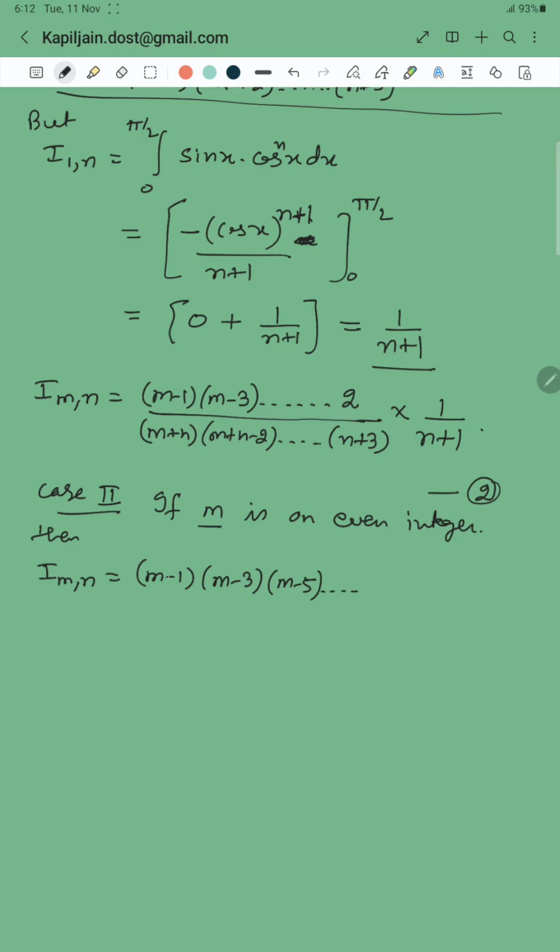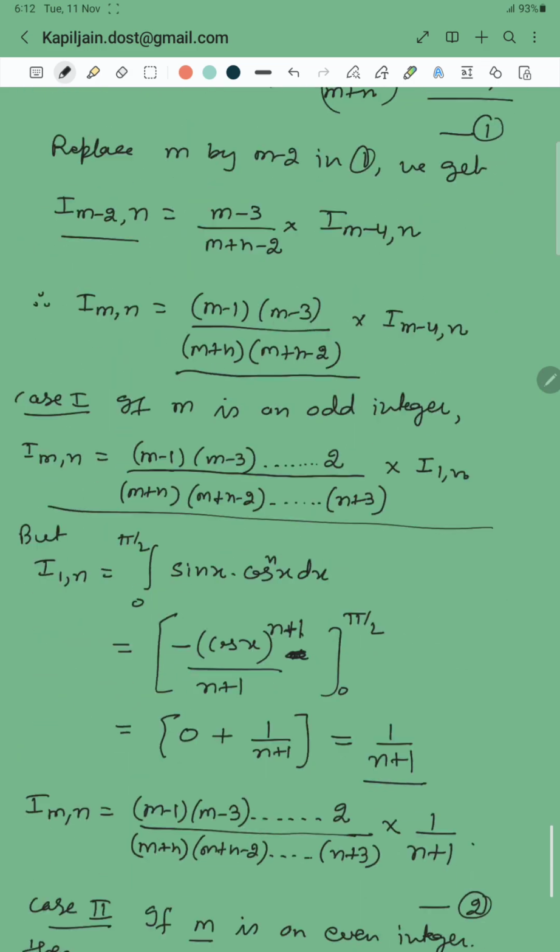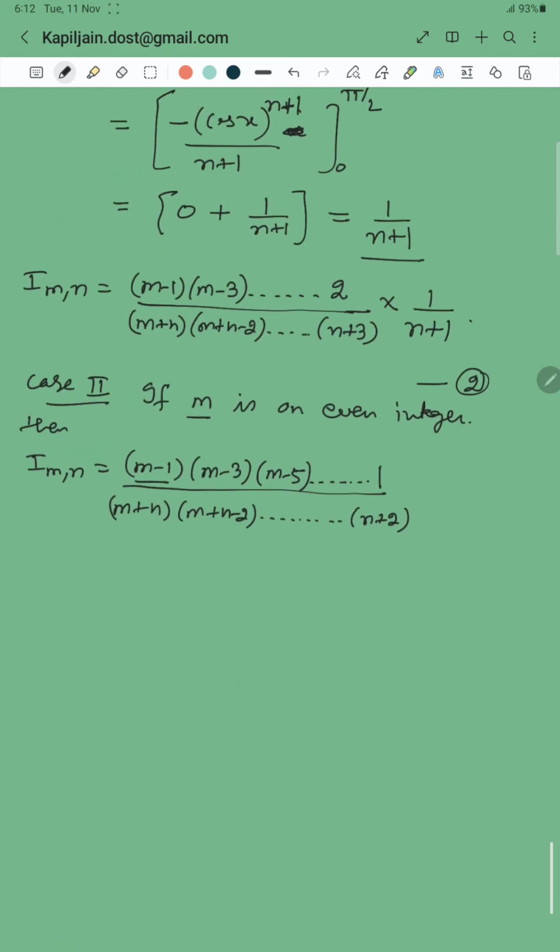And because m is even, and therefore m minus 1 is odd, so we end with an odd number, which is 1, and which divides by (m plus n), (m plus n minus 2), again decreasing by 2, and we end with n plus 2, and this multiplied by I_0,n.